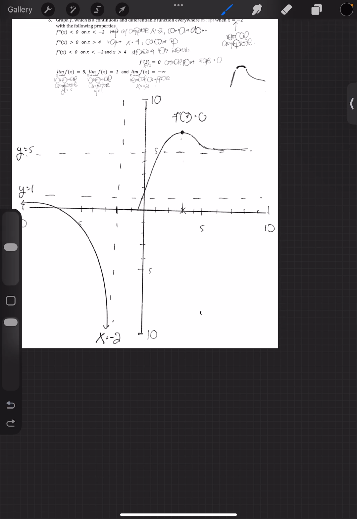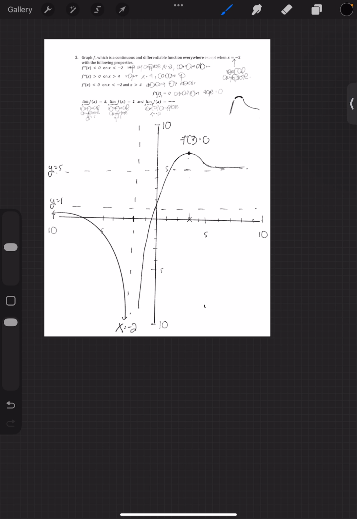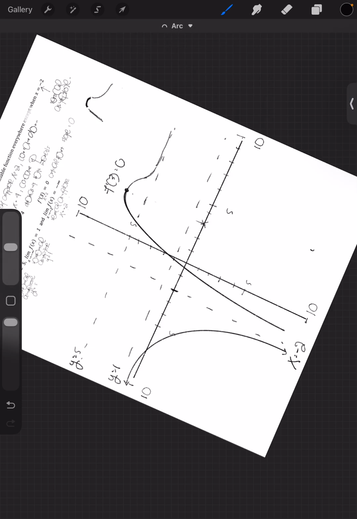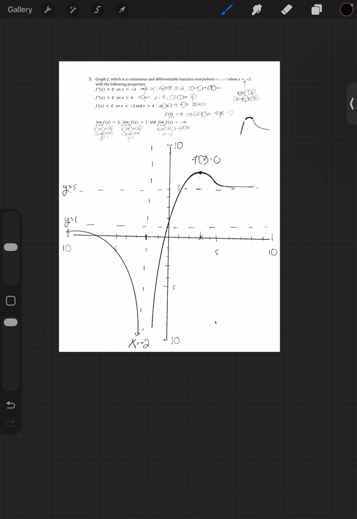Trying to get that correctly, something like this, I believe. So something like this is what it will look like.